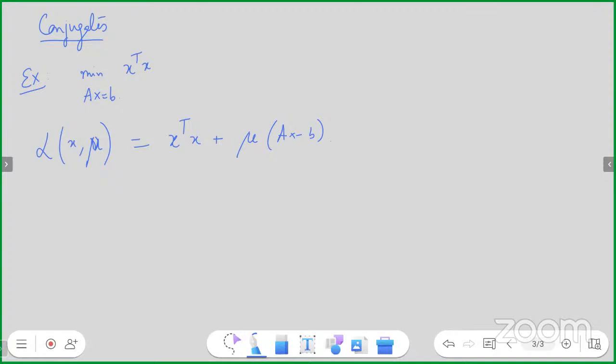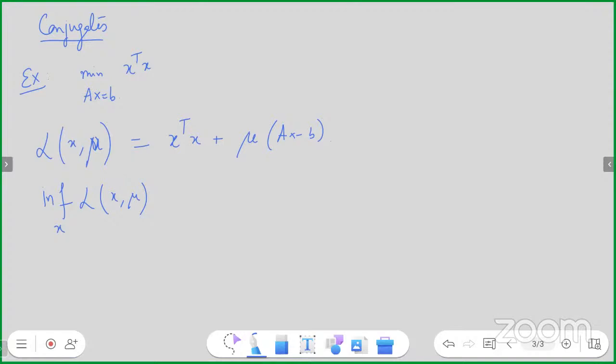So I want to find inf with respect to x comma mu. What kind of function is L? It satisfies all the properties that we need to show that the derivative is sufficient to find the optimum. It's in that nice form. I'm saying it's more than convex. It's a strongly convex function.